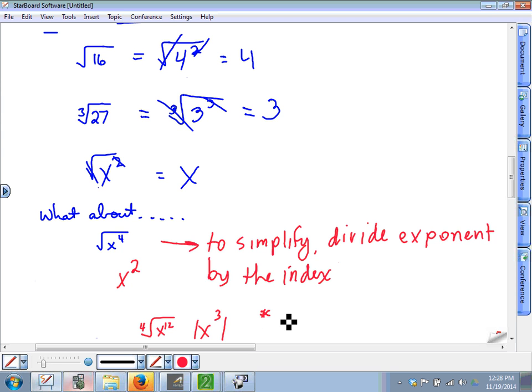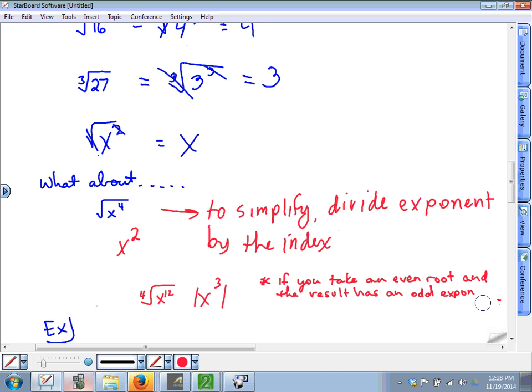You ready? If you take an even root and the result has an odd exponent, then you use absolute value.